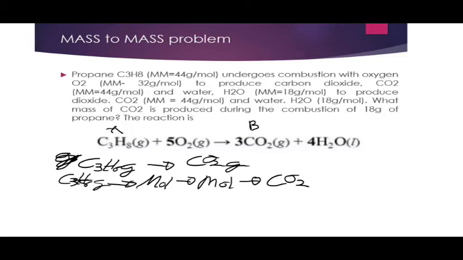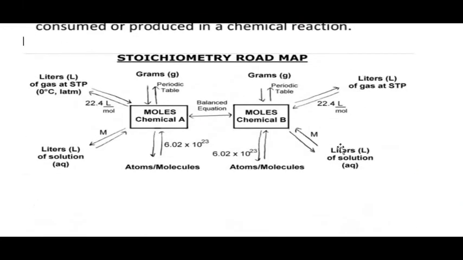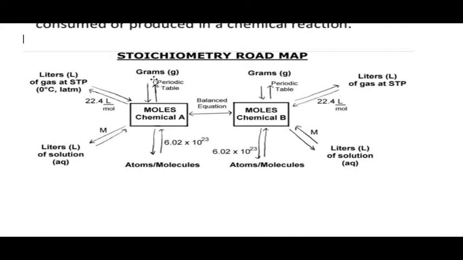Pero sa diagram, ito yung itsura niya. Nandito tayo ngayon, given in grams. So, i-convert natin yung grams to mole. Pag nakuha na natin yung mole, ikukuha na natin yung mole B. I-convert natin using ratio. And then, i-convert back natin to grams. So, pag ganun yung step.